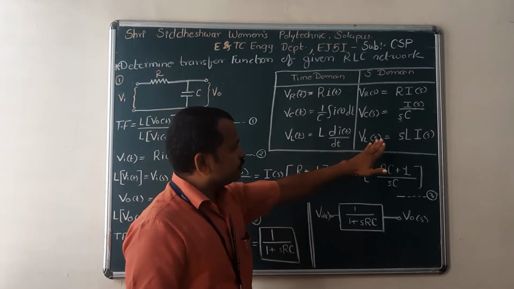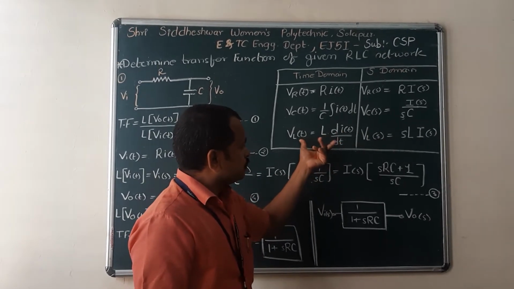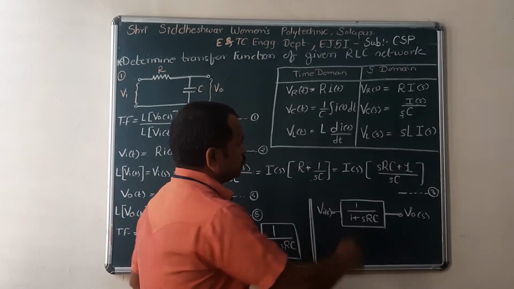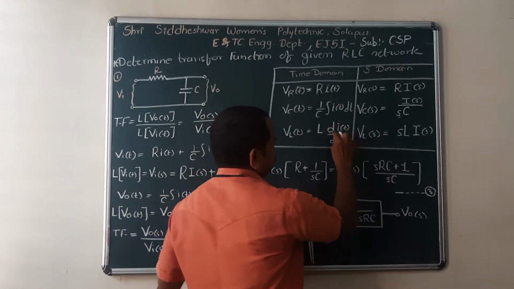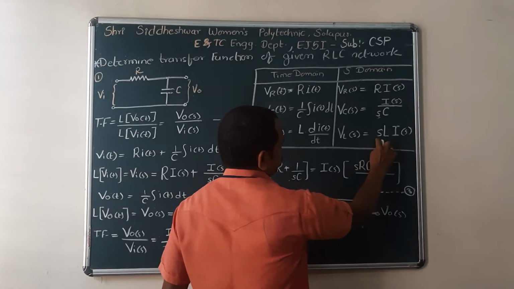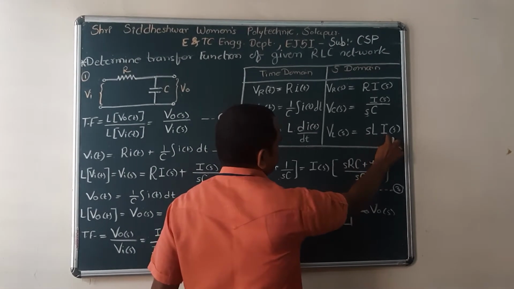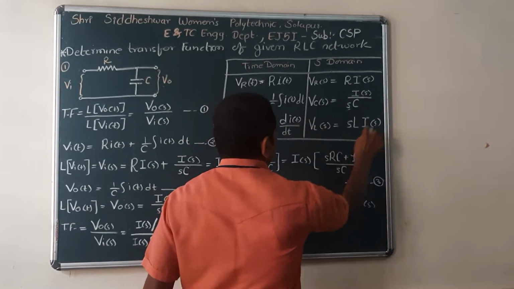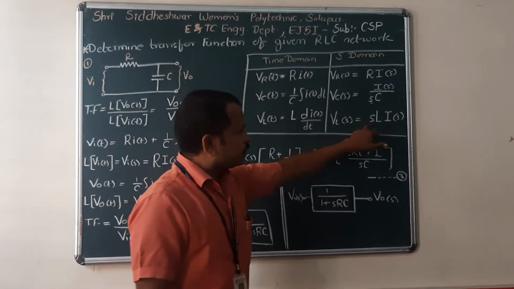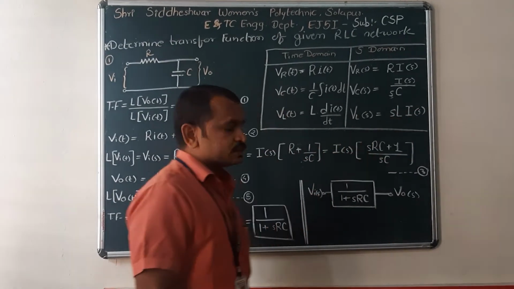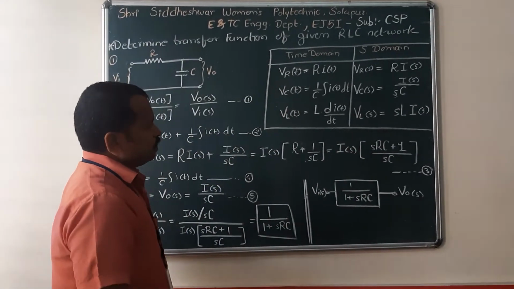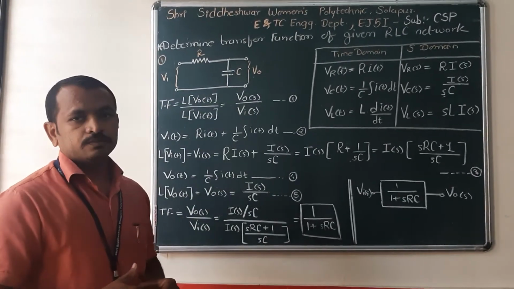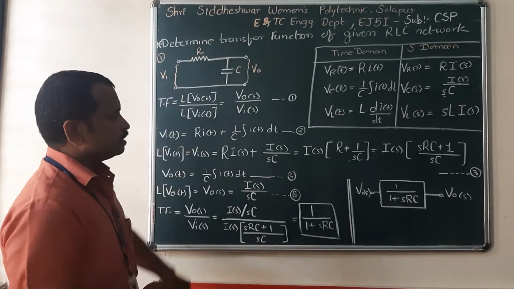Now find the Laplace transform of that: VL of S is equal to L multiplied by S, because d by dt becomes S, small i becomes capital I, and t is replaced by S. So S into L into I of S. These three formulas we must remember to solve the transfer function of an RLC network.